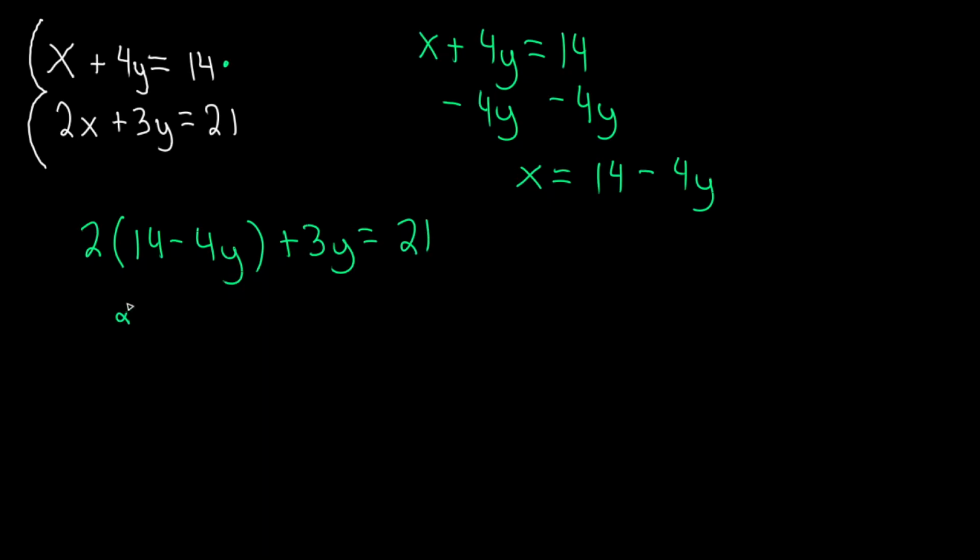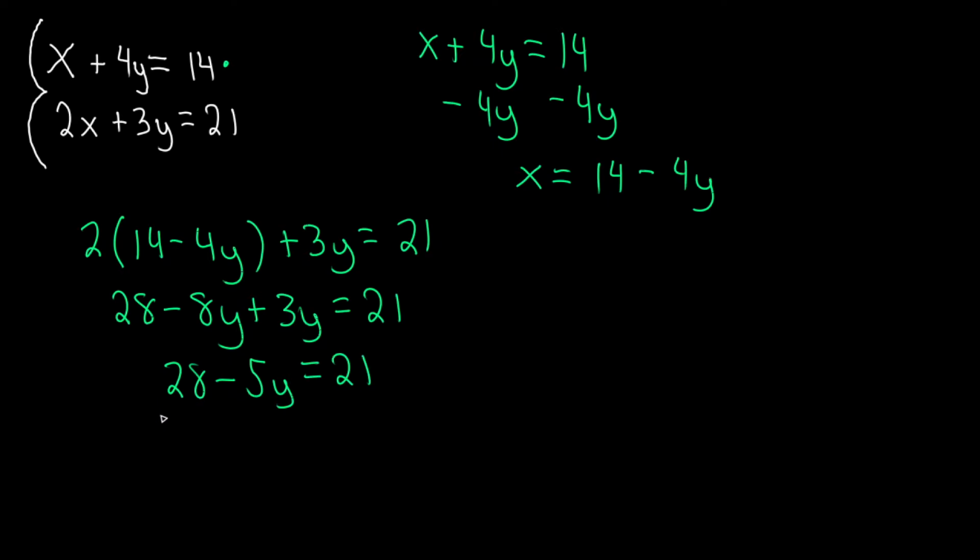2 times 14 is 28. We're subtracting 2 times 4y. So minus 8y plus 3y equals 21. Combine like terms on the left side. 28 minus 5y now equals 21.